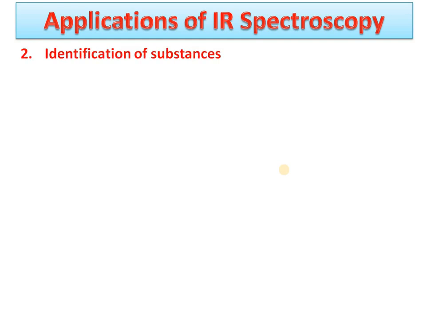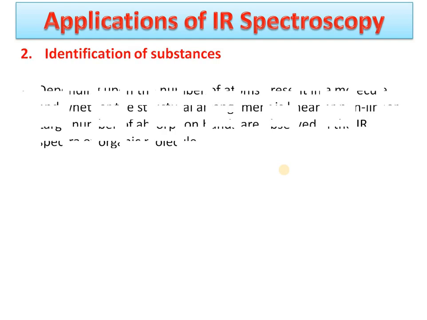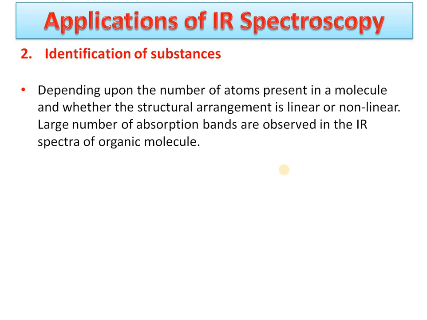The second application is the identification of substances. Depending on the number of atoms present in a molecule and whether the structural arrangement is linear or non-linear, a large number of absorption bands are observed in the IR spectra of an organic molecule.